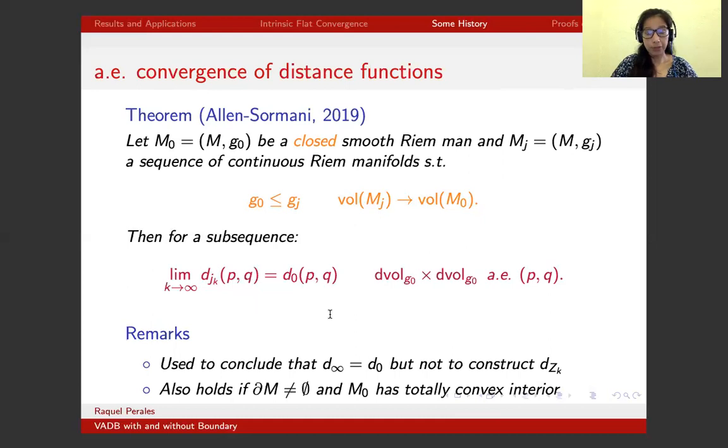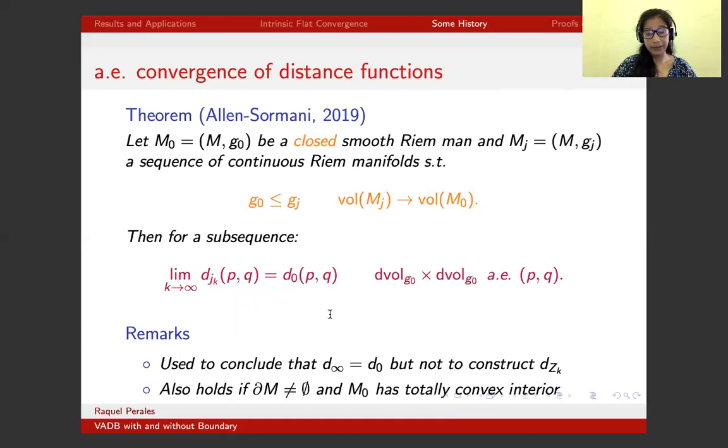Notice that this theorem is used in the previous theorem to conclude that d infinity equals d0, but it is not used to construct Zk or the distance on Zk.